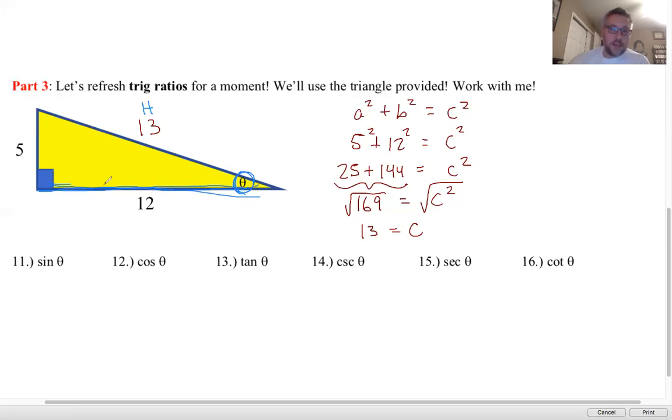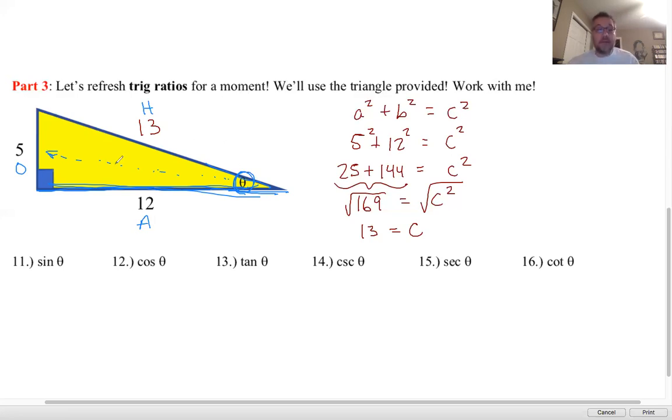So this is your adjacent. So I'll call that A for adjacent. The opposite is the furthest side away from theta. It goes through the triangle out the other way. So that's your opposite. The opposite does not touch the theta, as the hypotenuse does, and the adjacent does. Okay?